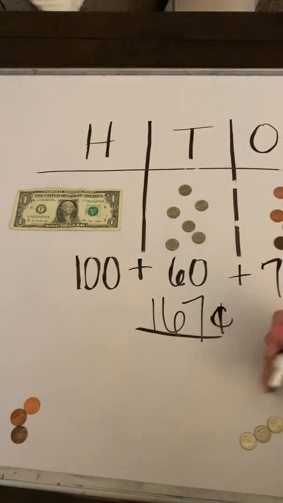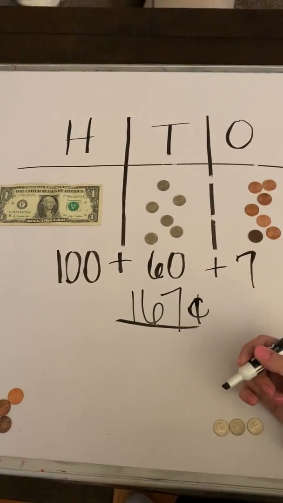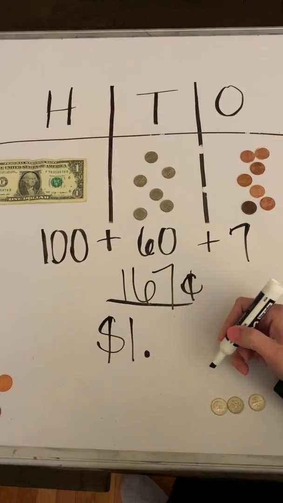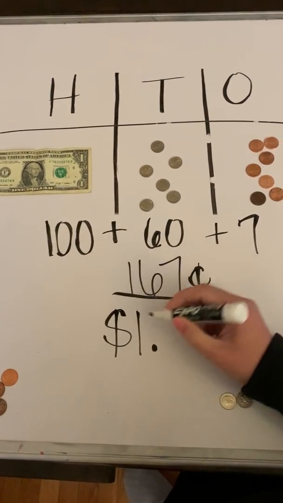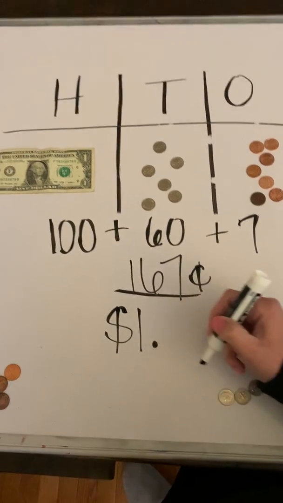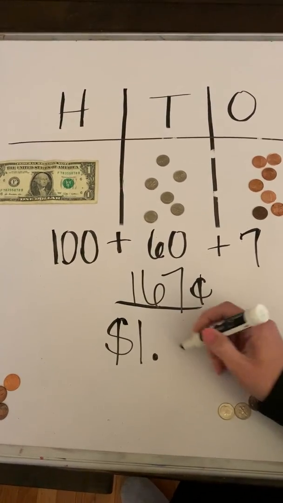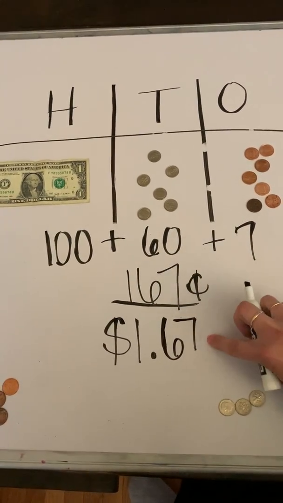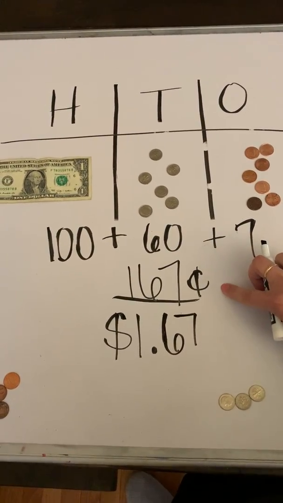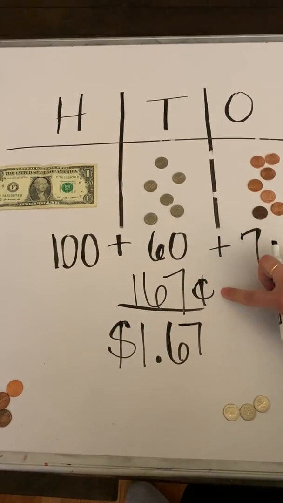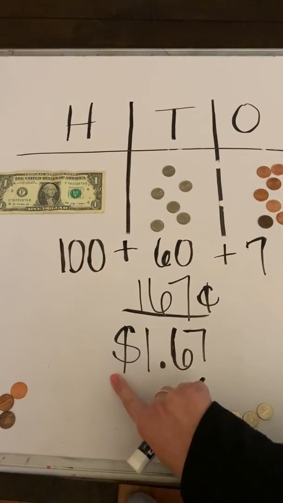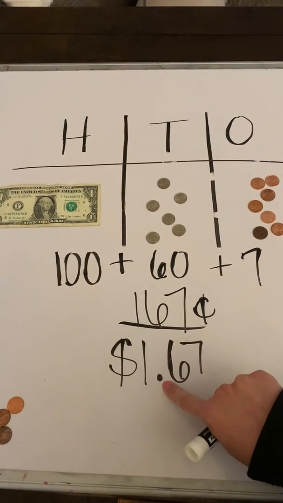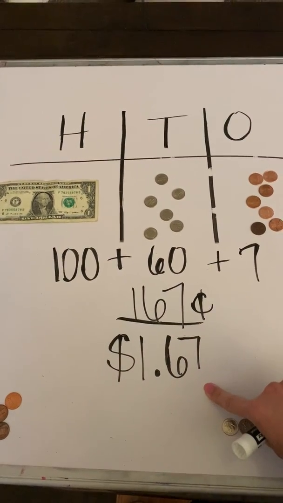Remember, $1 is 100 cents. If we change it into the other way of writing money, we can say with the dollar sign, it's $1 and, yep, 67 cents. We don't need the cent sign anymore. We only need the cent sign when we're writing it this way. When we're using the dollar sign, we put the dollar sign first. The dollars, the decimal, and the coins go on this side.